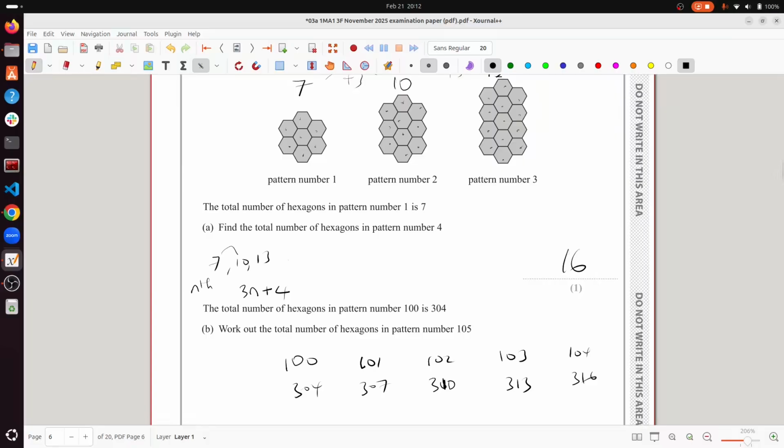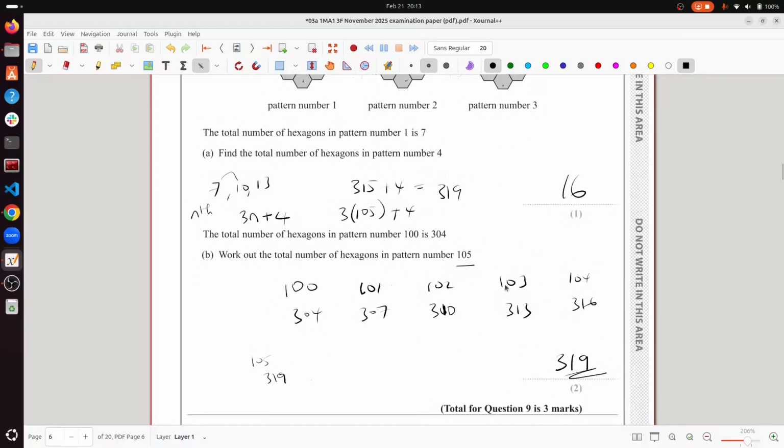So now we're looking for the pattern number of 105. So that will be 3 lots of 105 plus 4. And remember, this is a calculator paper. So 105 times 3 is 315 plus 4, and that is 319. Still, we get the same answer of 319. So whichever way you prefer, that's fine.